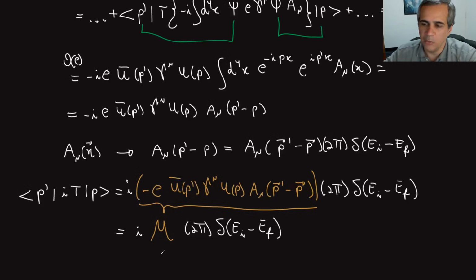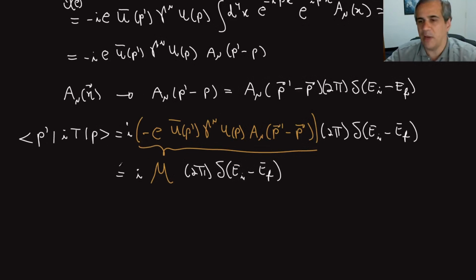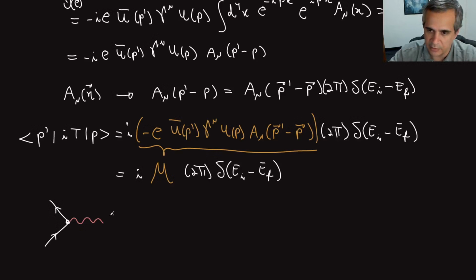This is M, which allows me to read a Feynman rule for these external fields, which we use quite frequently. If you take a look at this, you see that the Feynman rule for this external field is just this part here, and we usually indicate external fields like that.